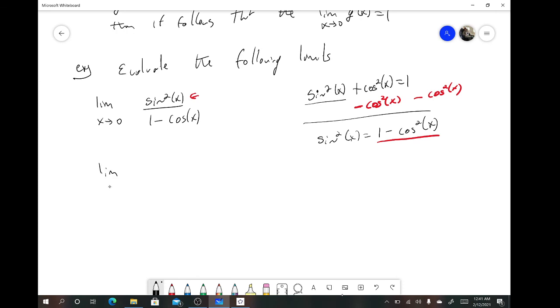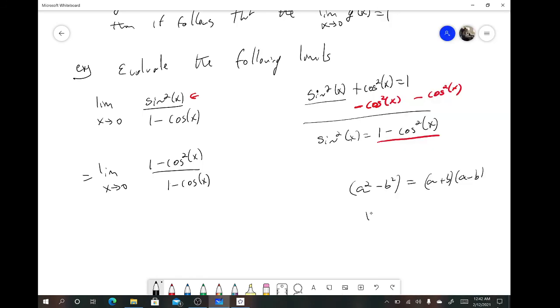So we have the limit as x goes to 0, and instead of sine square of x, I'm going to write what it's equal to. So 1 minus cosine square x divided by 1 minus cosine of x. Now, remember that when you have a squared minus b squared, that is the difference of two perfect squares, so that's a plus b times a minus b.